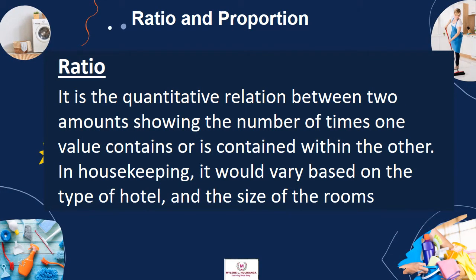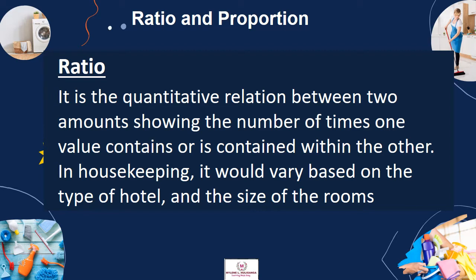Ratio. Notation. Ratio of two values, A and B, is written as A is to B or A/B or A to B. For instance, the ratio of the number of boys in a class to the number of girls is 2:3.